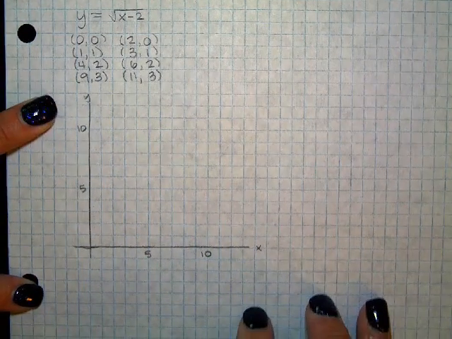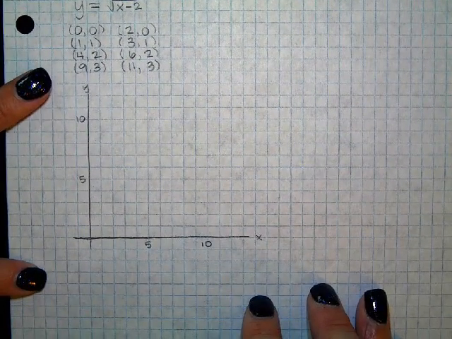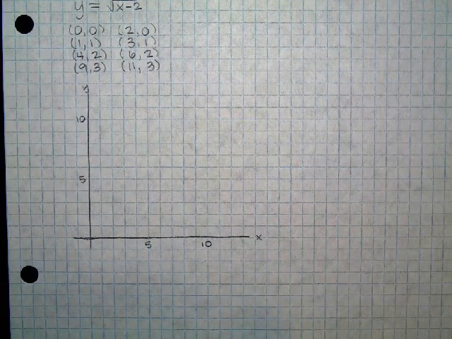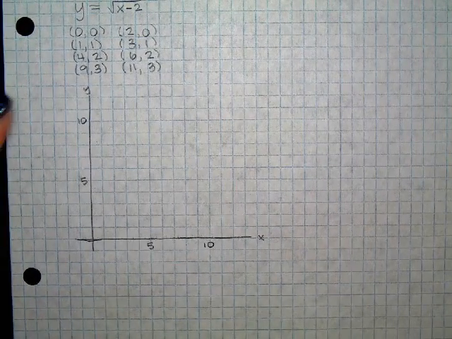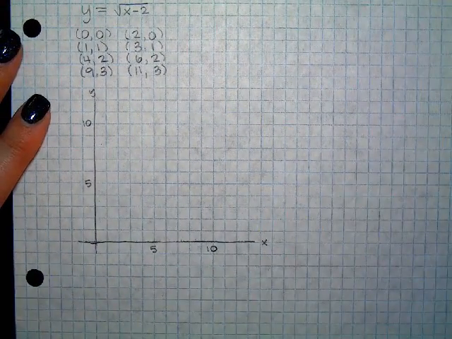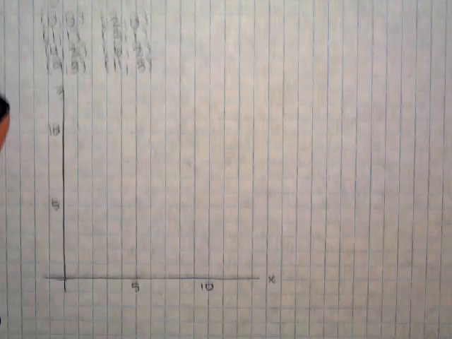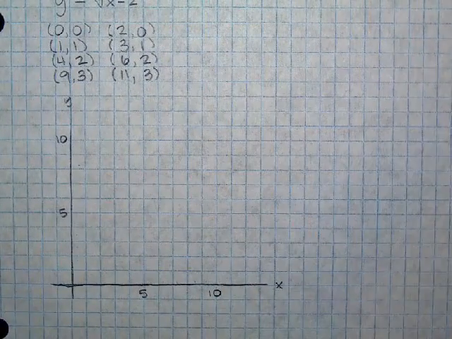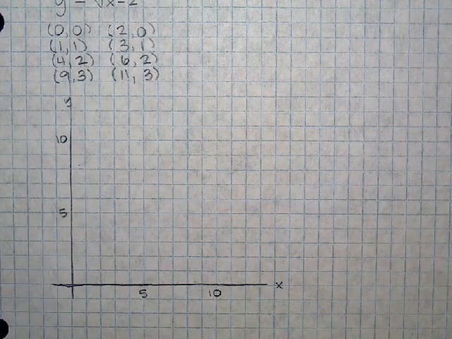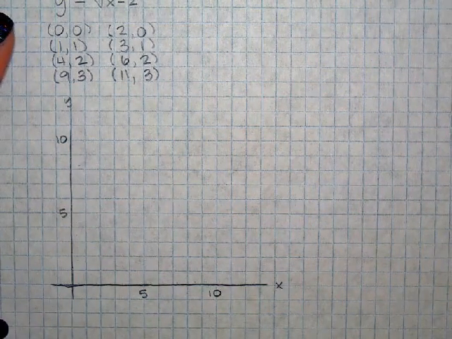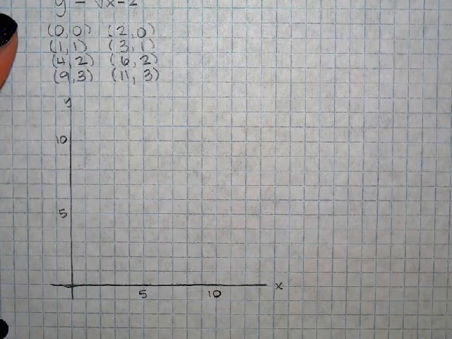I'm just putting the 5 and 10 in there so it'll be easier for me to count as I plot my points. All right, how do you guys feel so far? We okay? Here, let me make it easier to see.